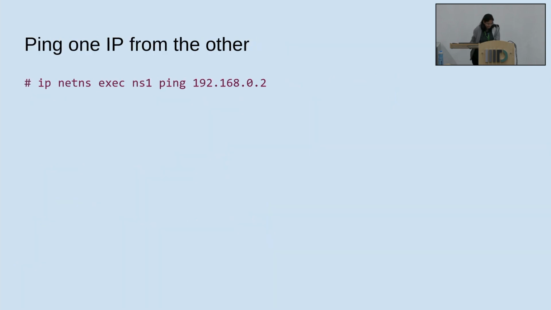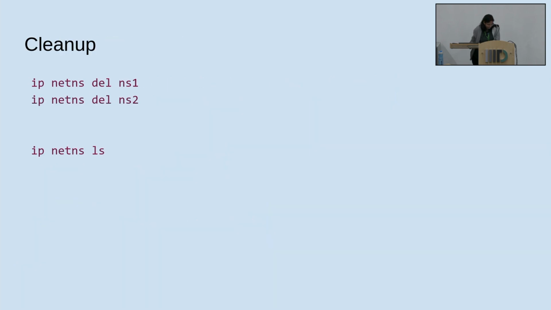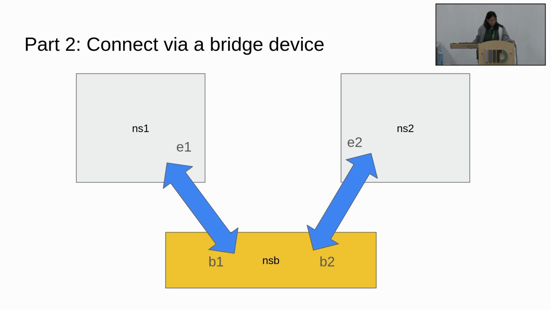So the next thing that we will show, this is the commands to clean up, you can run this. But the next thing we'll show is closer to what Docker is doing. That is, actually have a bridge device and then connect a number of containers to that bridge device, and then let that bridge take care of the routing. So this is one step closer to how it will actually work in reality.